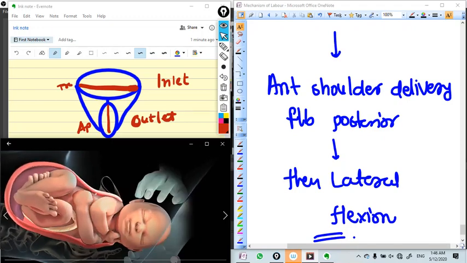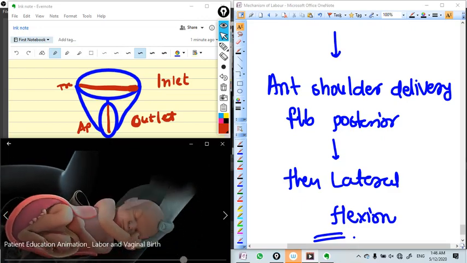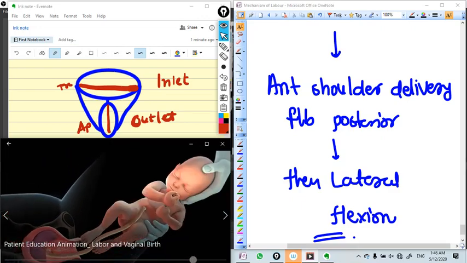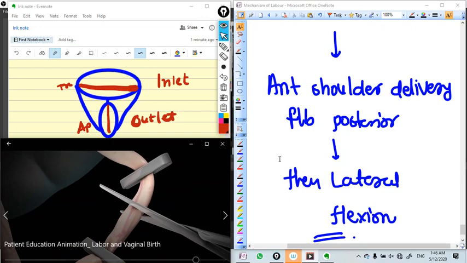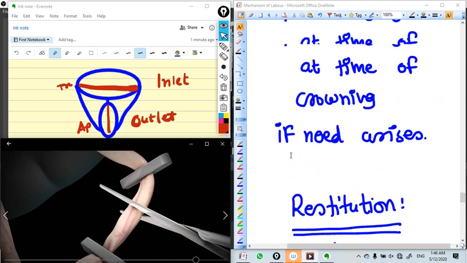And now the delivery of the anterior shoulder happens, followed by the posterior shoulder, and with lateral flexion the baby is taken out. This is how the mechanism of labor happens.